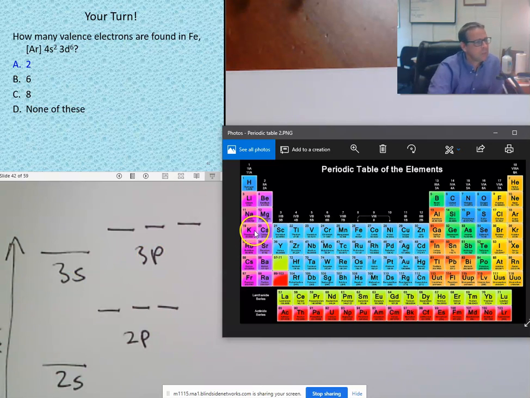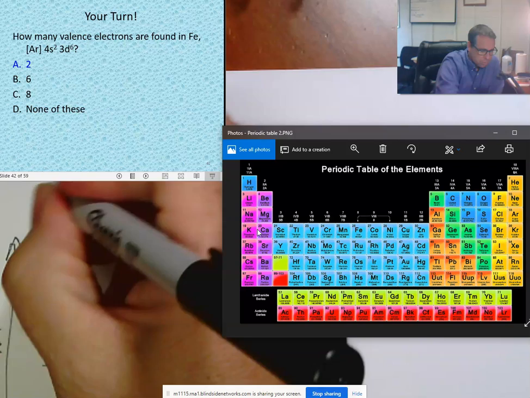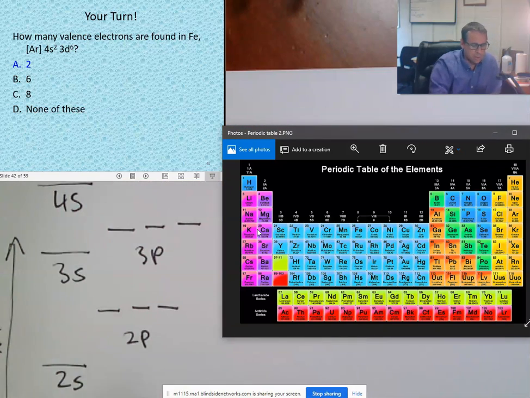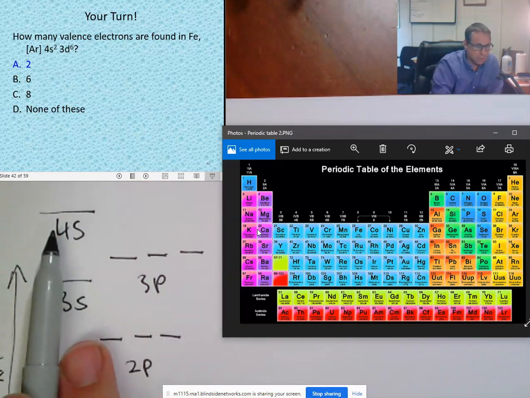Very good. So potassium and calcium are 4. And Ephraim, do you know the L value, I mean the letter that corresponds to that L value? 4s. Okay, thanks, Emily. That's right, 4s. So we went from 3p to 4s.